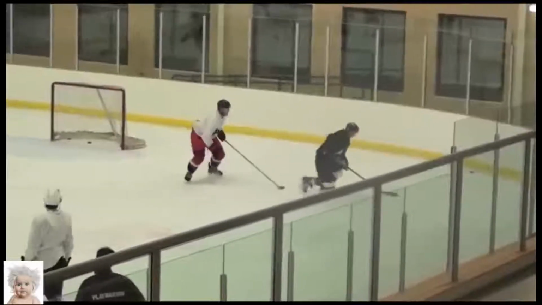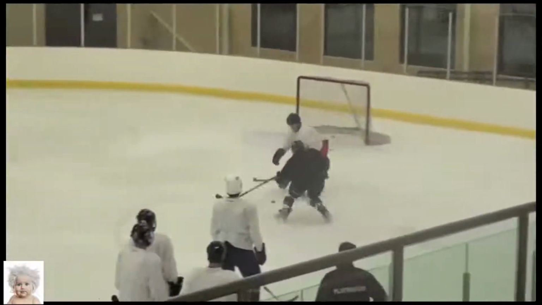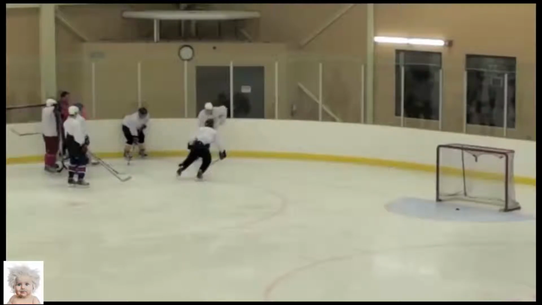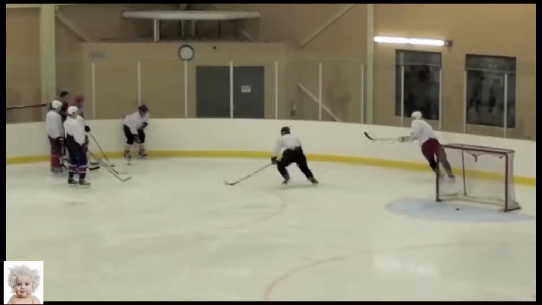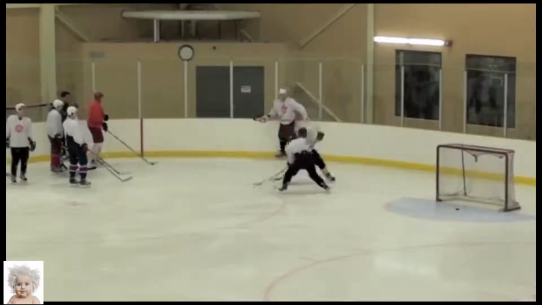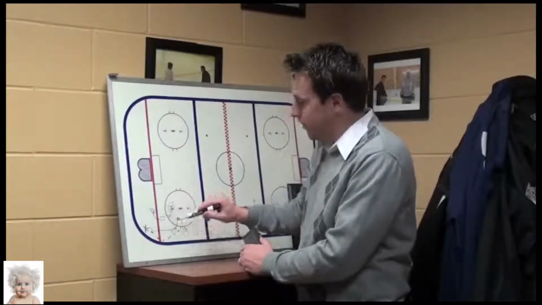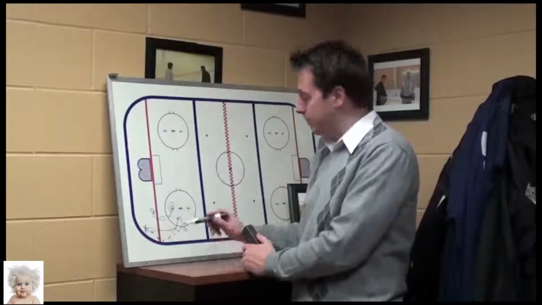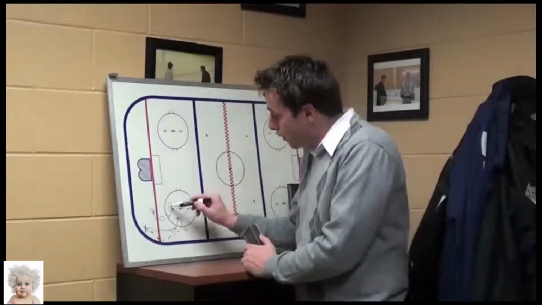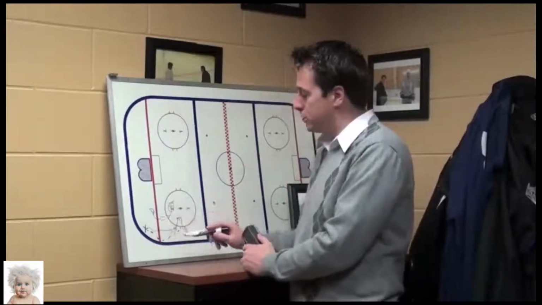Once you pull him towards the middle, then you cut back. Now you don't want to turn your back here, you just want to slide back. So you go up towards the middle and then you pull back, always keeping your head over your shoulder. Again, you put this defenseman in a situation where he has to make choices. He's either got to come to you or he's going to stay back and afford you the space.